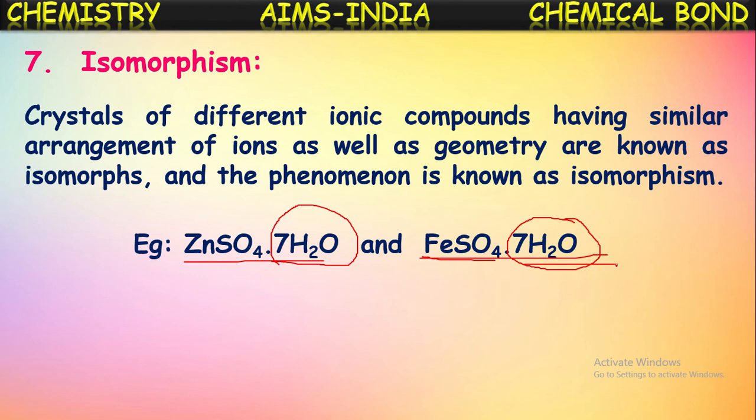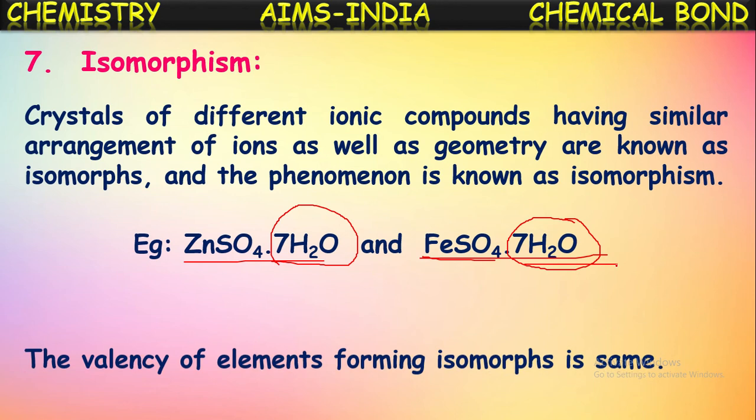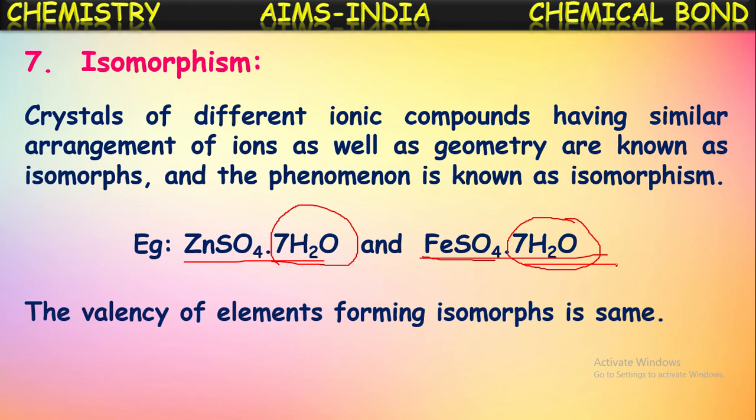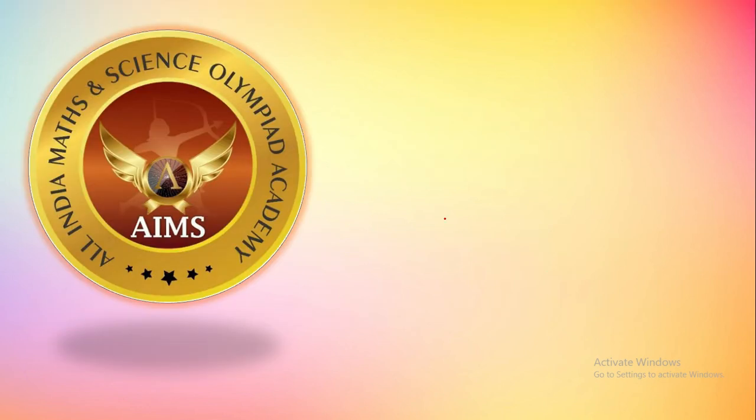And this phenomenon is called isomorphism. The valency of elements forming isomorphs will be same. If you observe here, the valency of zinc, plus 2, is same. Whereas for the iron also it is same here, plus 2. Valency is same. Okay. This is about properties of ionic compounds.